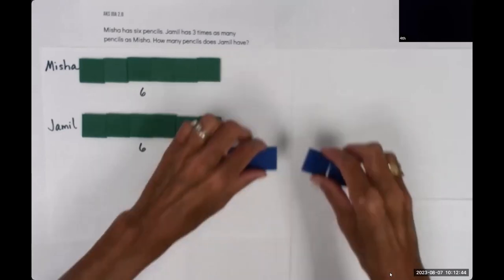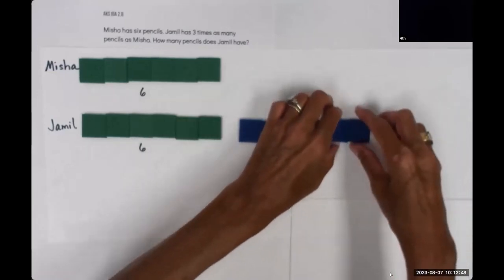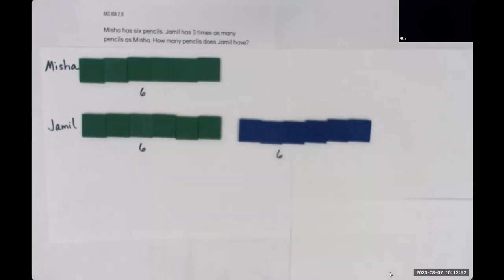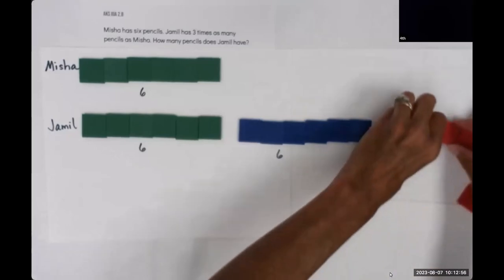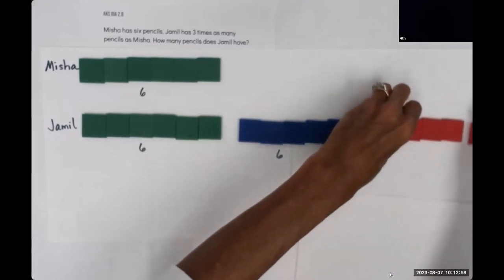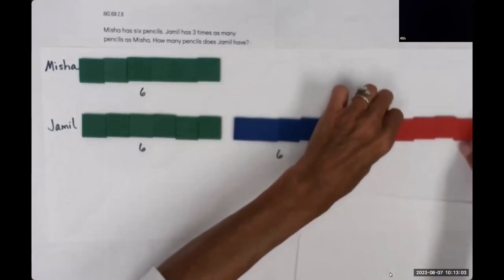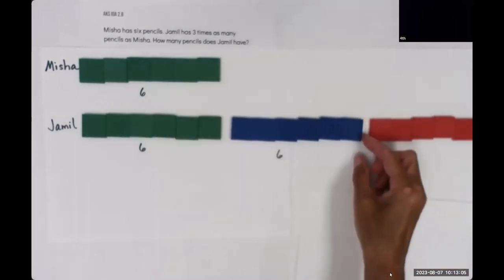So let's make another group of 6. So 2 groups of 6 would be 2 times Misha's number of pencils. And then a third group of 6 would be 3 groups or 3 times Misha's quantity.